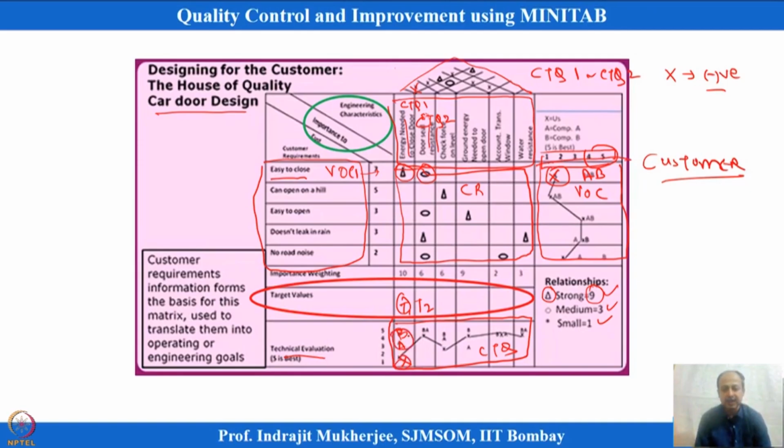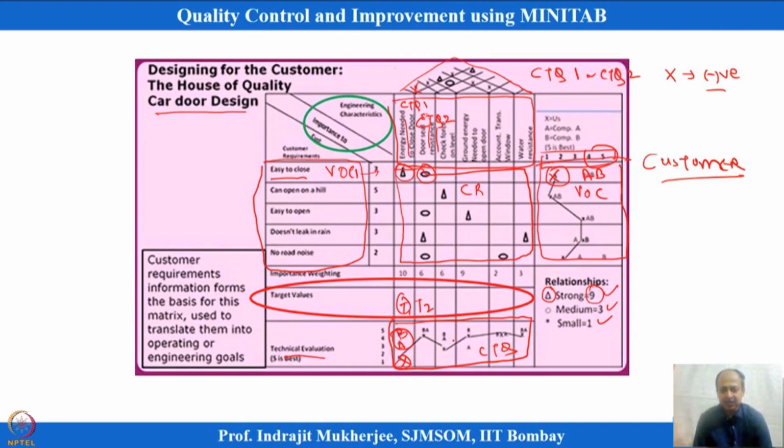So, we need to improve to A and B. Maybe our specification should closely follow the specification given by A and B, and let us try that out with experiments and find out what is going wrong. Okay. Any company does this reverse engineering. You go to any company, they will do reverse engineering, and they have ideas of the competitor products also. So, that is also reflected over here.